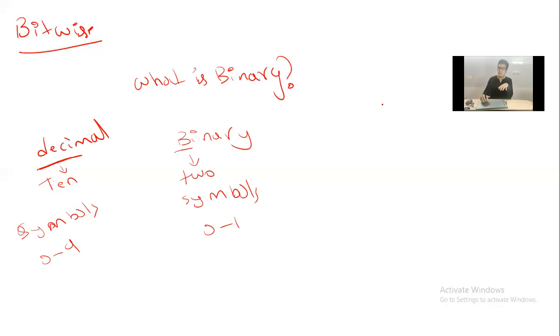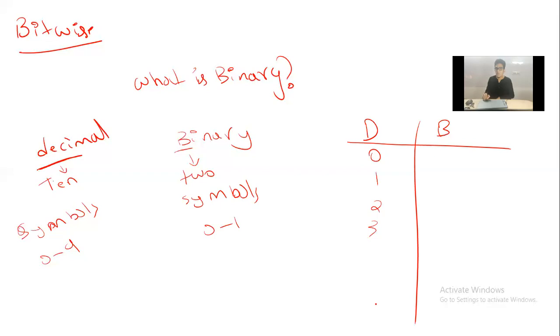Now you have to understand how we convert from decimal to binary and binary to decimal. If I make a table, this is a basic table which you should know. This is decimal and this is binary. Decimal numbers start from 0, 1, 2, 3, 4, 5, 6, 7, 8.